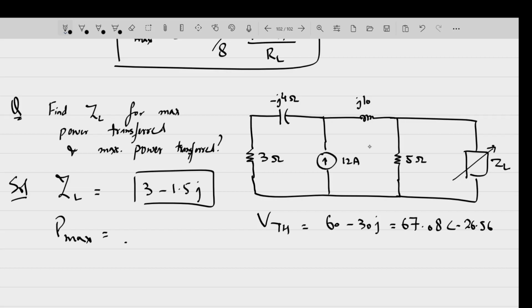Simply by current divider law, the current through this, this is not the value. Minus 6J into 5. Minus 30J is the answer.